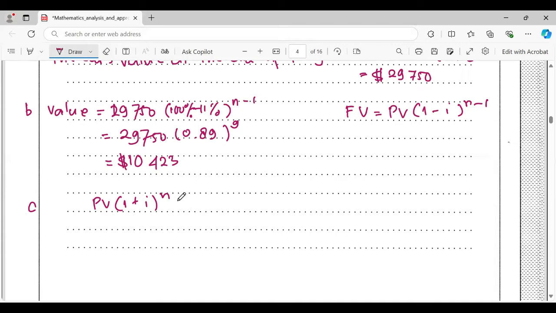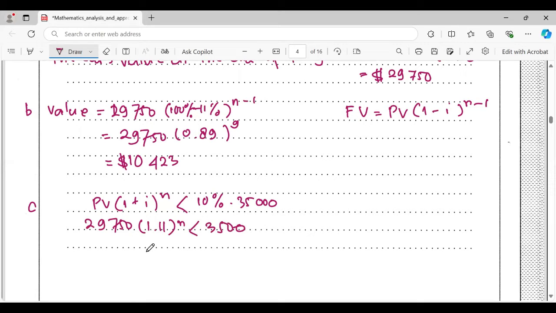So it is less than 10% of 35,000. So PV is 29,750 times 1.11 power n.